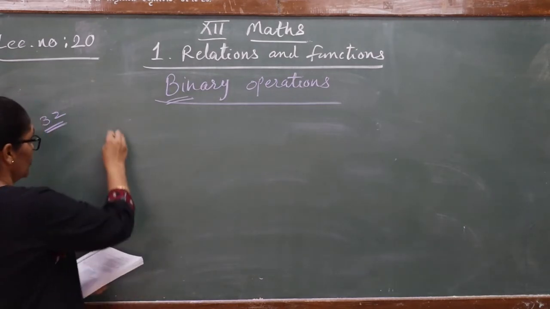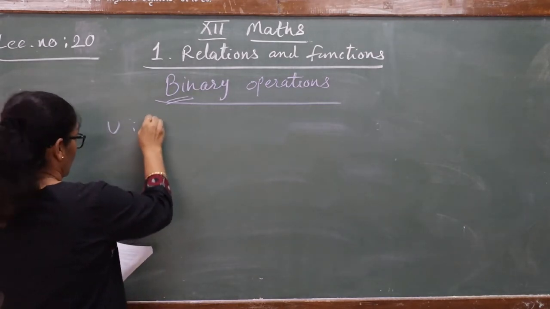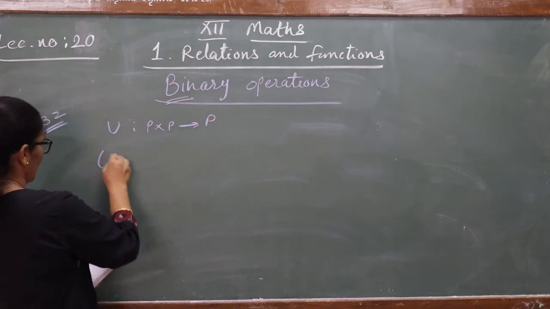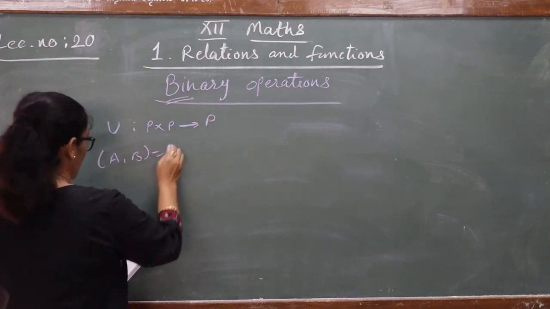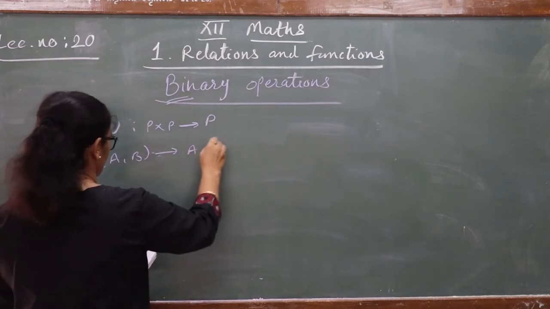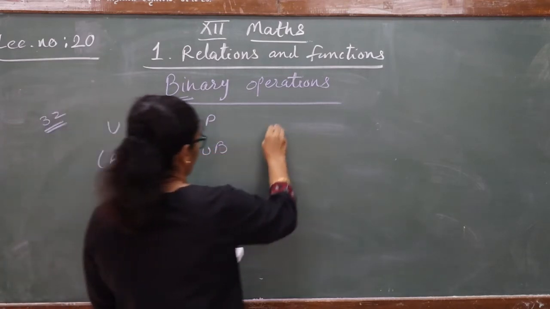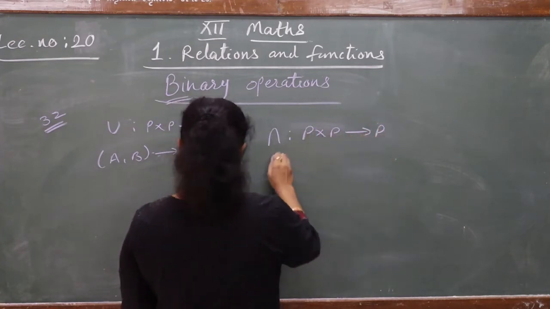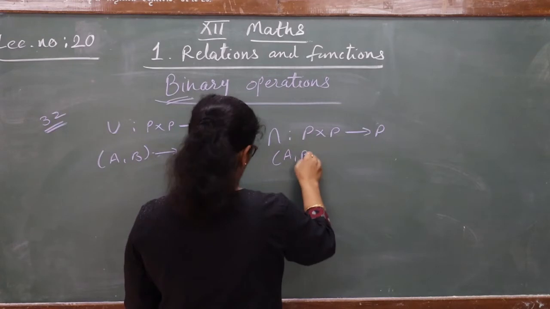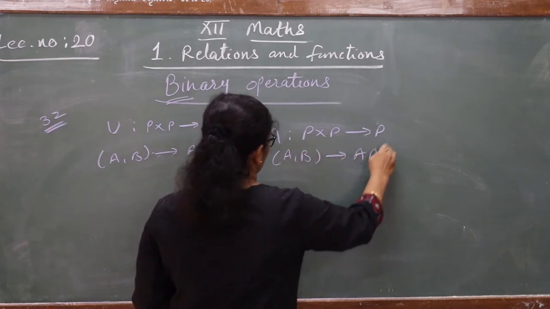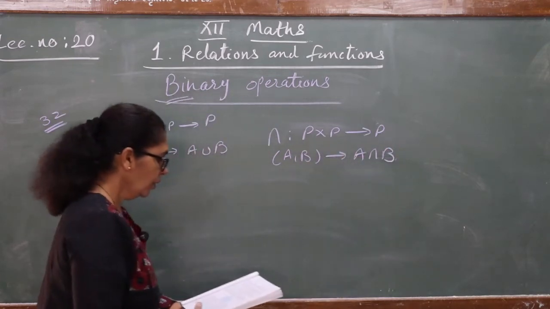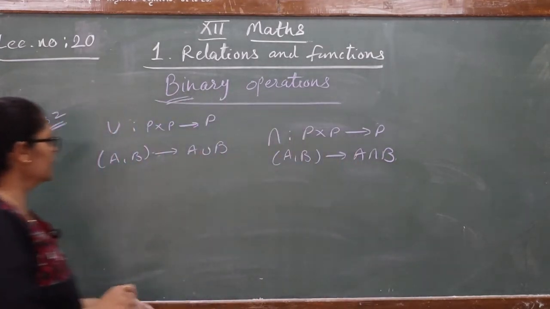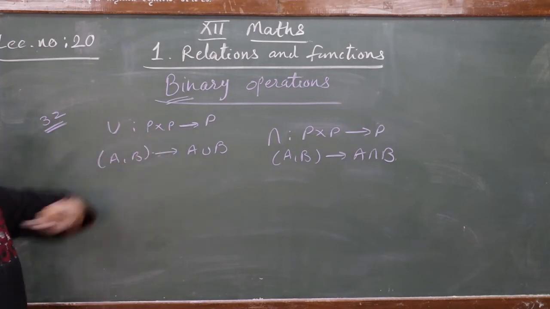You have mentioned union: P cross P to P given by A asterisk B equal to A union B. Similarly, for intersection also, from P cross P to P, A asterisk B is A intersection B. Now, what is P?